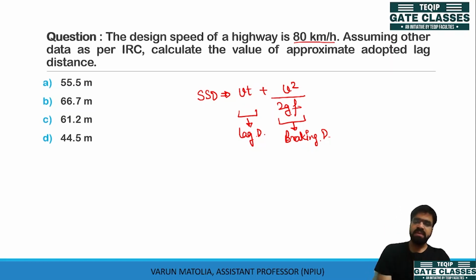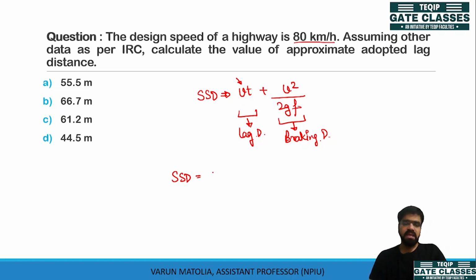So the examiner wants us to calculate the value of lag distance. He has provided us the value of V and he wants us to assume the value of t. We know that the educated guess for t from IRC is 2.5. We need not guess, we have to remember this value. Very important value, 2.5 seconds for SSD and 2 seconds for OSD.